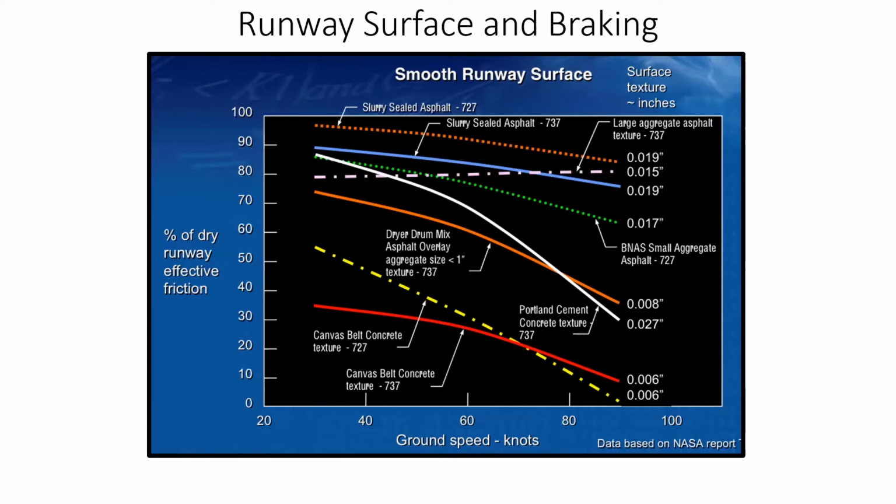At the top of the vertical axis is 100% of dry runway friction, so that would be what we would see on a dry runway. You'll see some of these surfaces provide, in the best case, 85 to over 95% of dry friction, whereas some of these surfaces provide as little as 10% and never better than 35%.